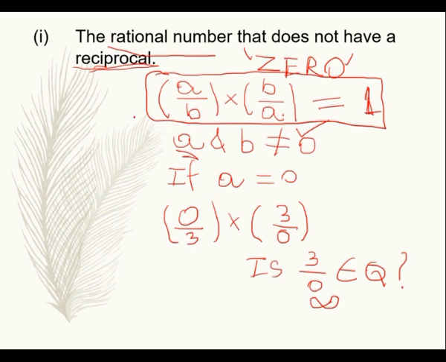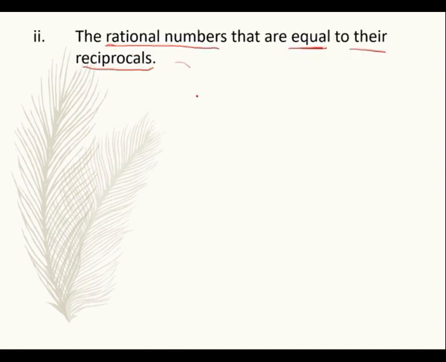When a by b equals b by a, it happens only when a and b are equal. If a and b are equal, then it becomes something like 2 by 2, 5 by 5. If I consider 2 upon 2, what do we get? 2 by 2 gives 1.